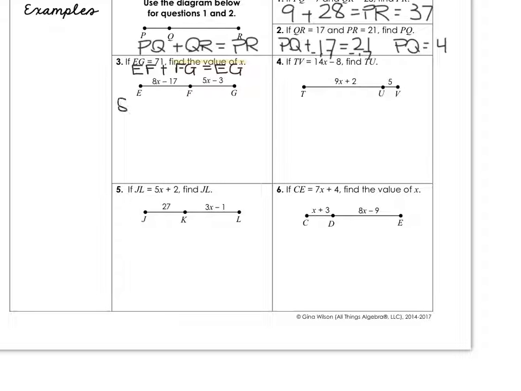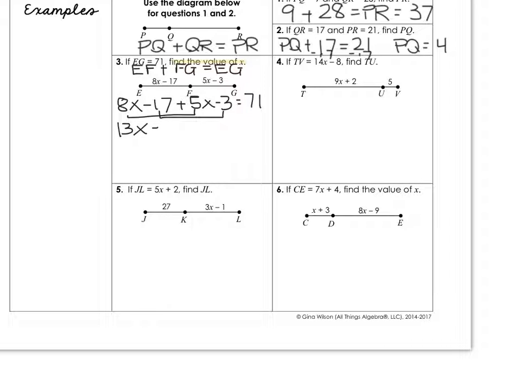EF is 8x minus 17. FG is 5x minus 3. And EG is 71. Combine like terms. Combine our variables.